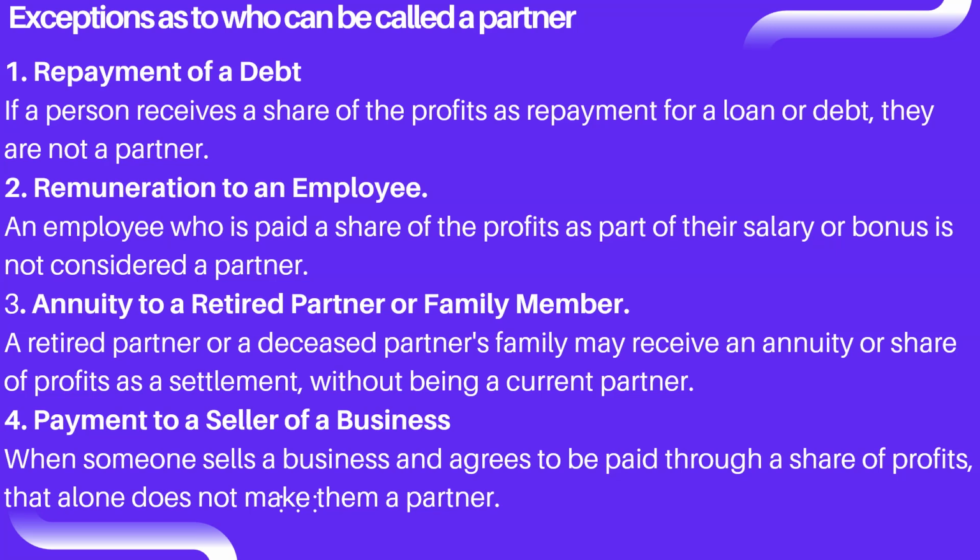Then the other one is annuity to a retired partner or a family member. We note that once we have a retired partner or a deceased partner, family may receive an annuity. An annuity is borrowed from the word annual, so it is an amount paid once a year, or a share of profit as a settlement, without being a current partner.